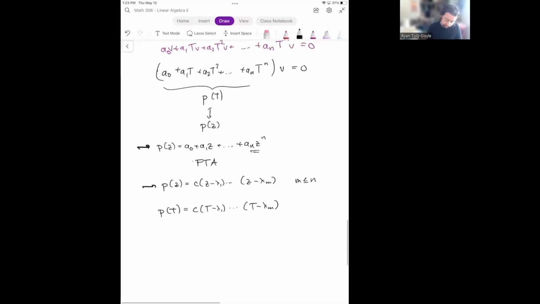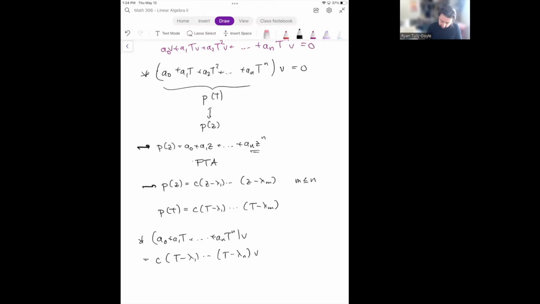And that means I can take this expression and rewrite it as a naught plus a1 T up to a n T to the n v is equal to c times T minus lambda 1 up to T minus lambda m v.